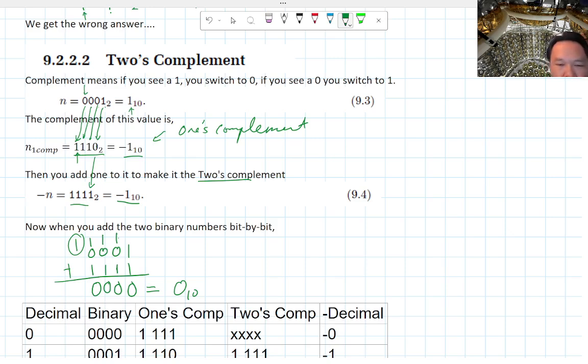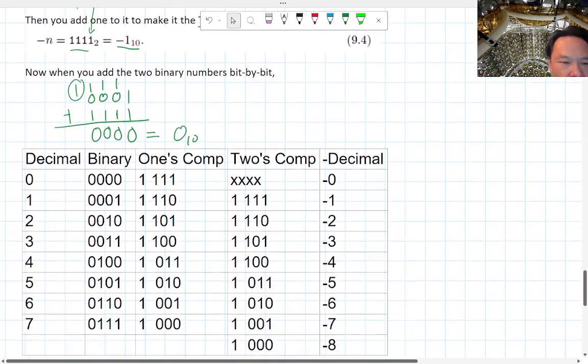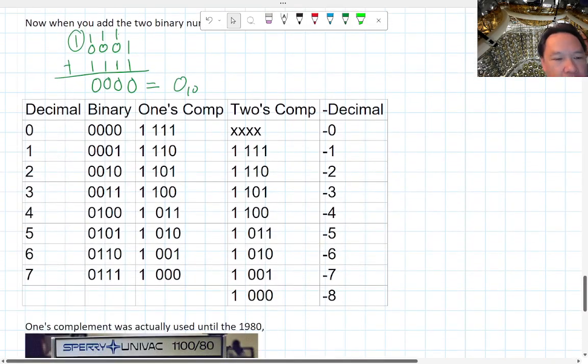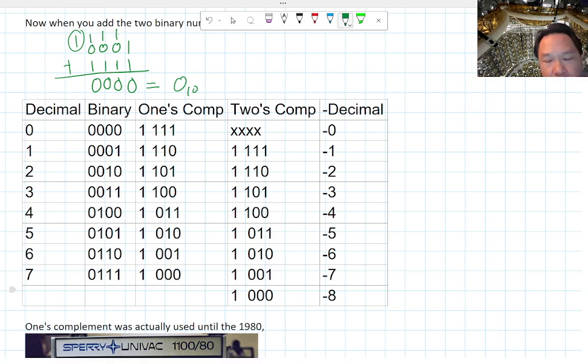This is a table of some decimal numbers up to 7 with the 4 bits that we can represent. Remember, this is the positive value: 0000, 0001, 0010 which represents 2, and then 0011.